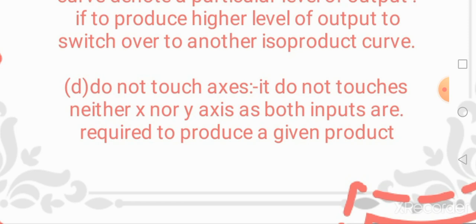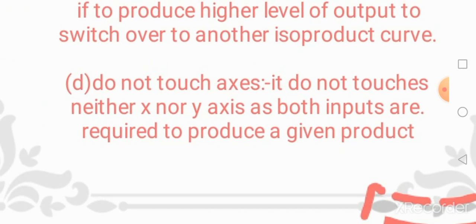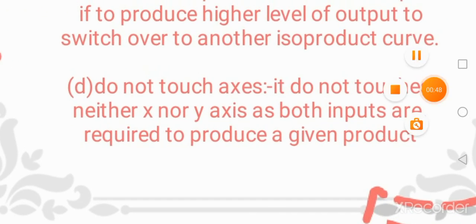For producing an output, two inputs, such as capital and labor, or labor and technology, are compulsory. So there is no chance of touching the x or y axis.